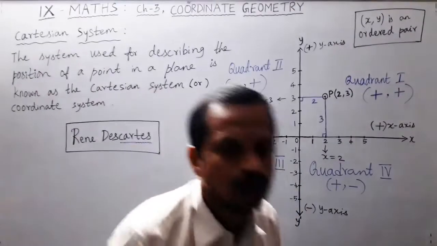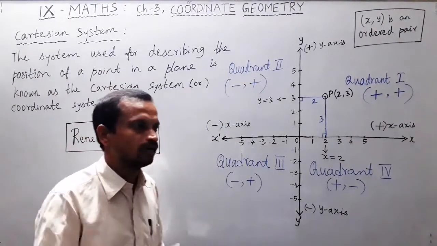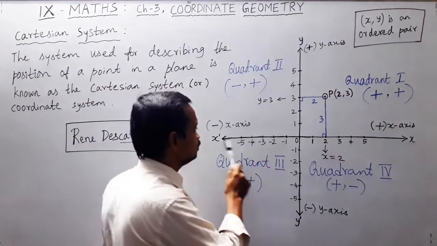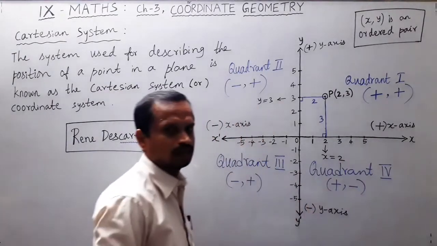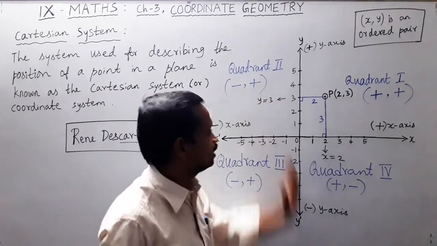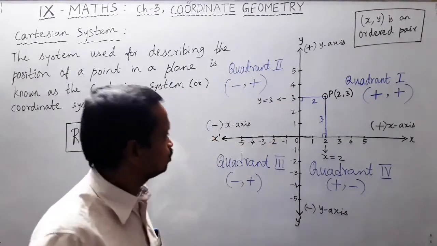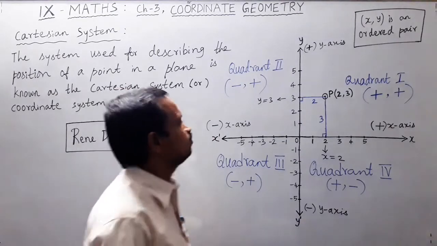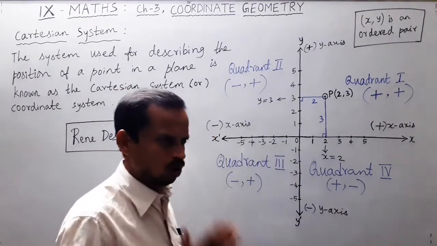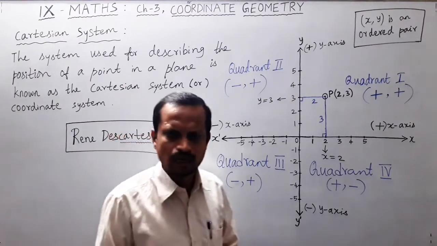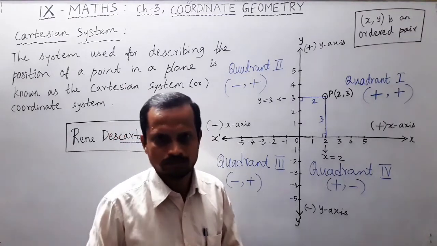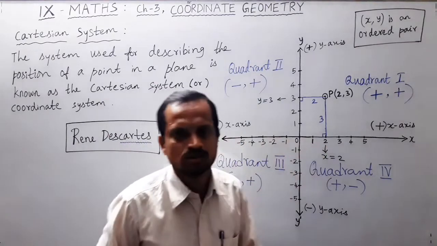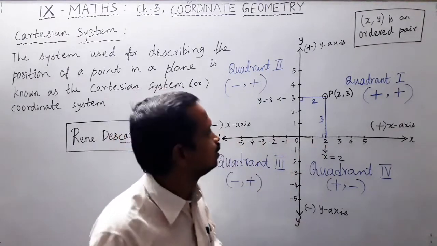Together, coordinate axes, xy axes. This horizontal line is called the x-axis, and the vertical line is called the y-axis. Always these two axes, horizontal and vertical, are perpendicular.